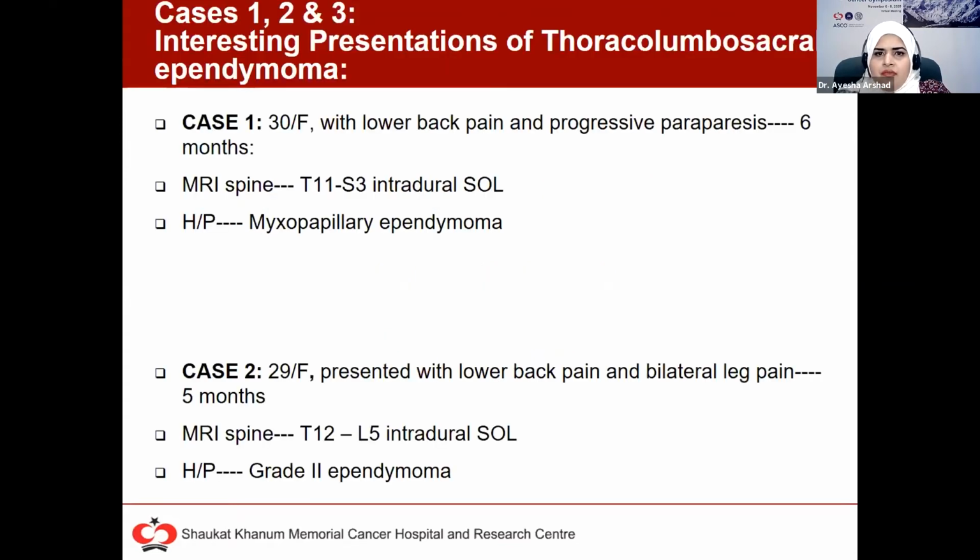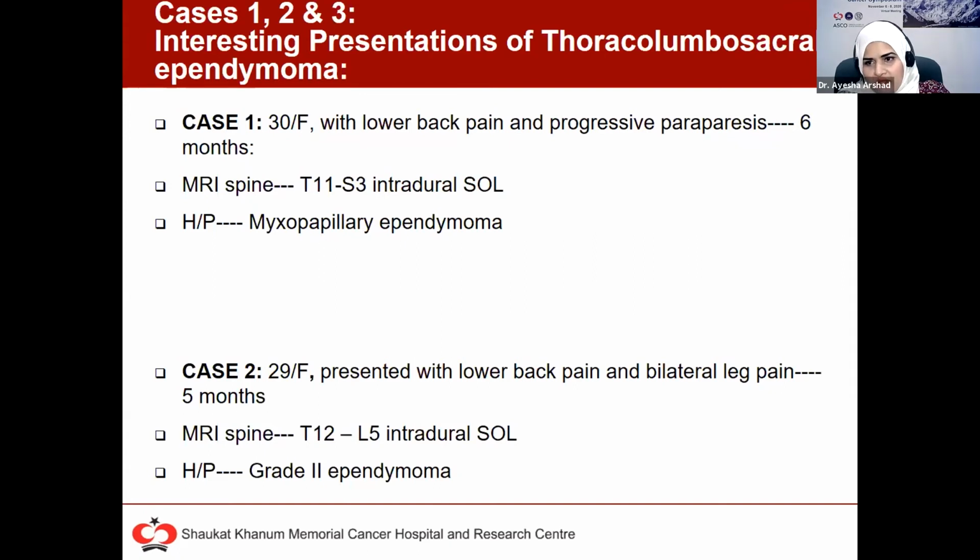So we have some interesting presentations of thoracolumbosacral ependymoma to discuss first. Case 1 and 2 are similar. I've just put them together on one slide. Both are ladies. Both are around 29-30 years old. Both presented initially with lower back pain.